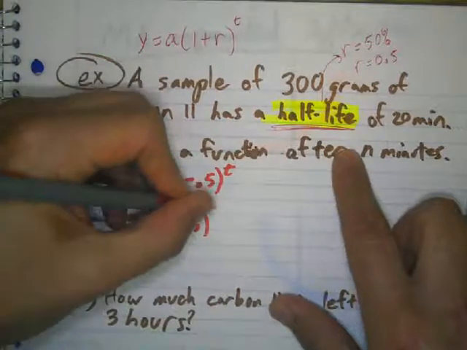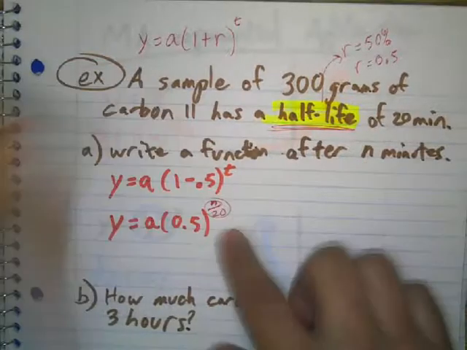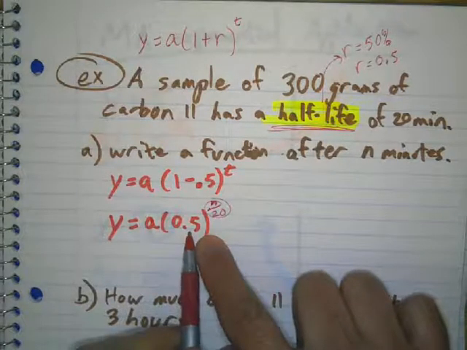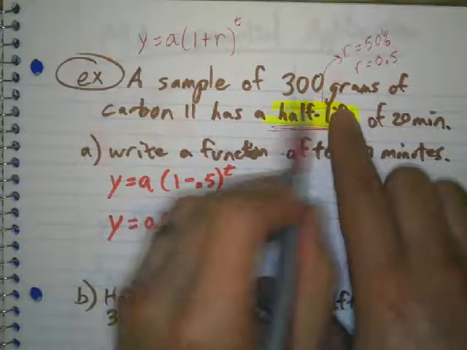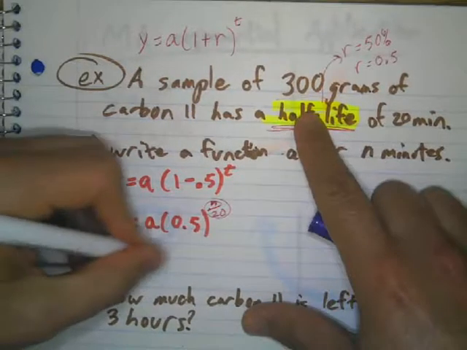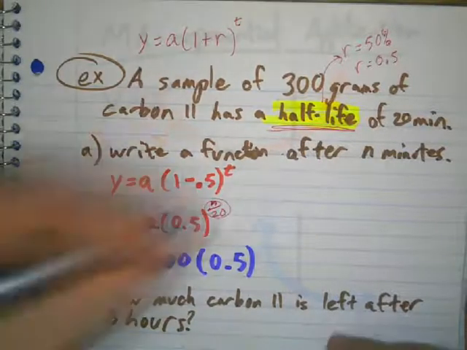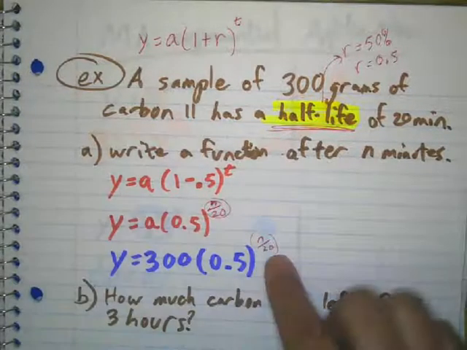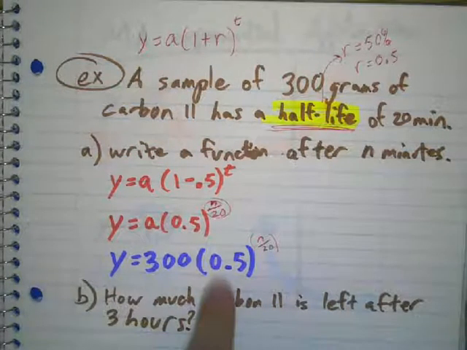So this power here is going to be n over 20, because if you think about it, when n is 20, it's now half the size. So we multiply the initial value times 0.5. Now our initial value is 300, so our equation is going to be y equals 300 times 0.5 to the power of n over 20. That's the power. So you may want to rewind this and play it again if you have trouble with this.